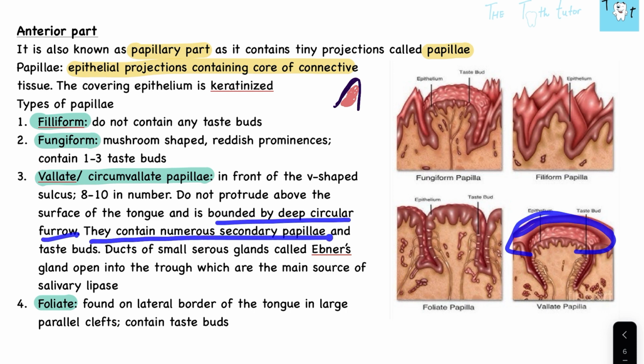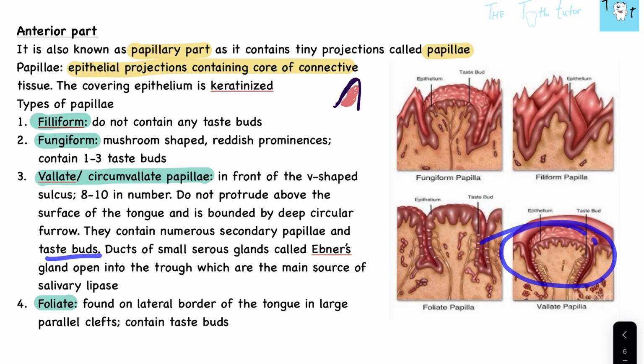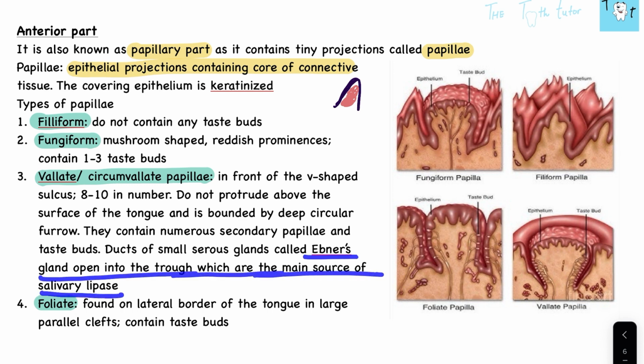They contain numerous secondary papillae, so there are numerous papillae coming out of this one. And there are many taste buds present. Ducts of small serous glands called Ebner's glands open into the trough, and these are the main source of salivary lipase. So basically, there are some glands, and their ducts open into the trough of this papillae, somewhere over here.